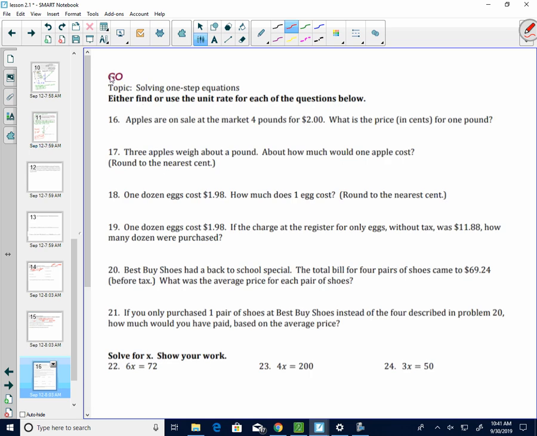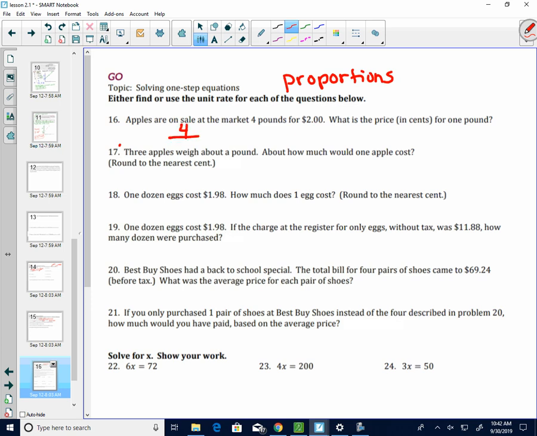And then 16 through 21 is unit rates. You have to set up proportions. And you have to do these problems in order because you have to have information from number 16 to answer number 17. Apples are on sale at the market, 4 pounds for $2. What's the price in cents for 1 pound?